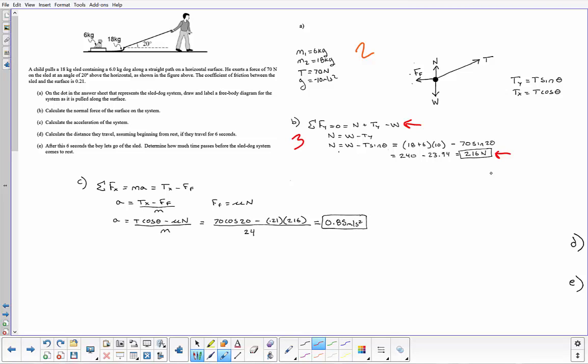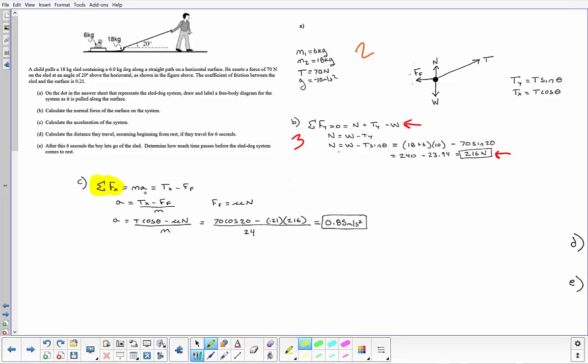C wants to know the acceleration of the system. Doesn't imply anywhere that we're in constant velocity. In fact, turns out that the boy and the dog and sled are all accelerating. So what we have to recognize here is that by setting up Newton's second law, the net force in the x dimension is accelerating.